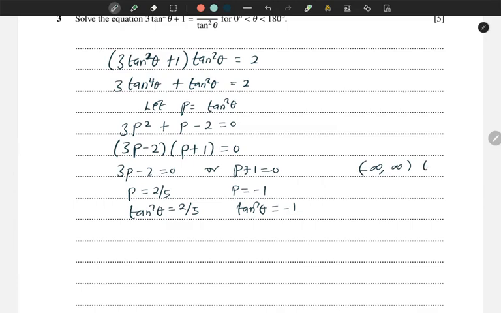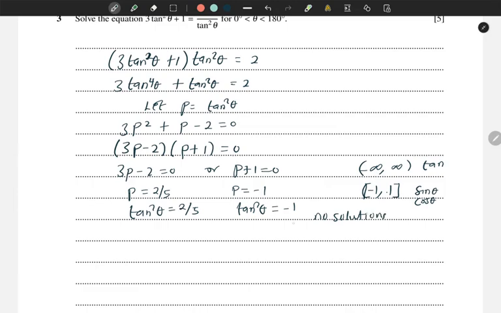But for the case of sine and cos, that one is limited to between minus 1 and 1. So this is the range of sine and cos. But when you look at this, tan squared theta equals minus 1, there is no solution here. No solutions. Why? Can you answer that?